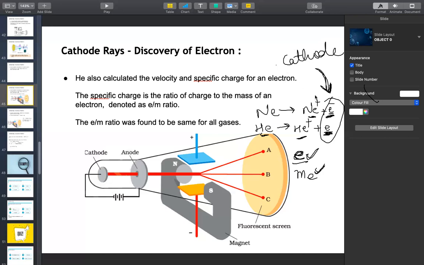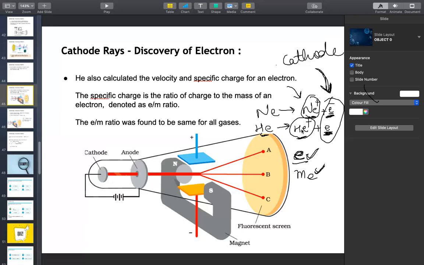Now these particles will constitute which ray? After some time I will tell that. These will form the anode ray, because one is the cathode ray, another will be the anode ray. Can I say that the charge by mass ratio of the anode ray will also be the same for different gases? Charge may be the same, plus 1 in both the cases.